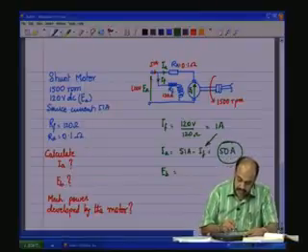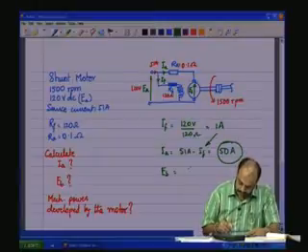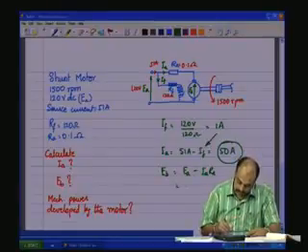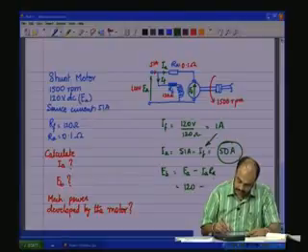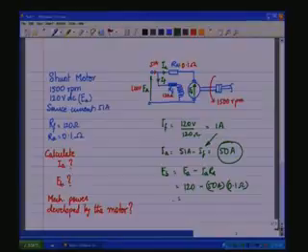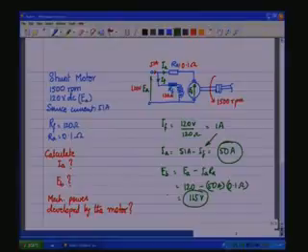It is EA minus the IA-RA drop, which is 120 minus 50 amps into 0.1 ohms, which is 115 volts. This is the second.